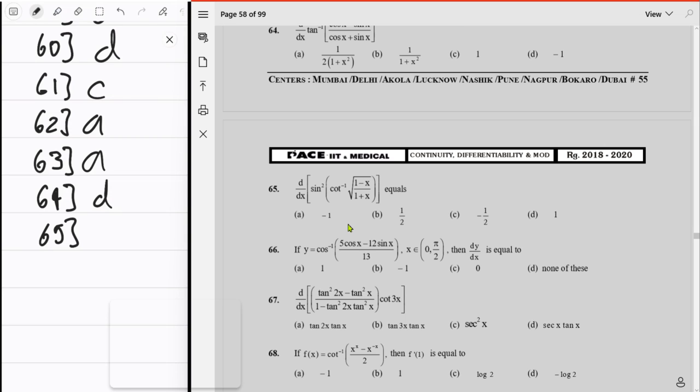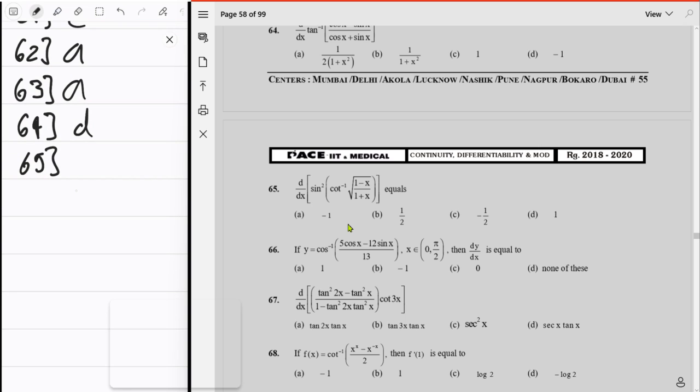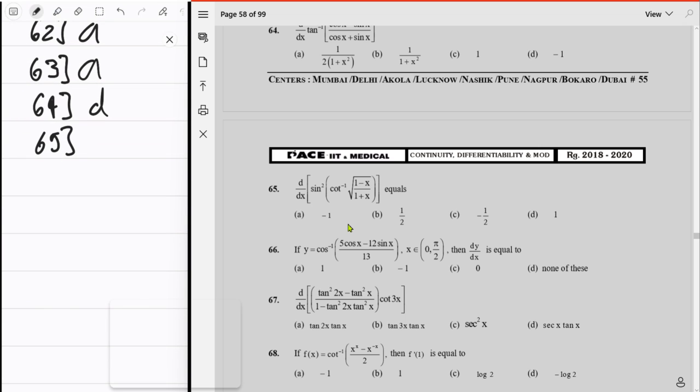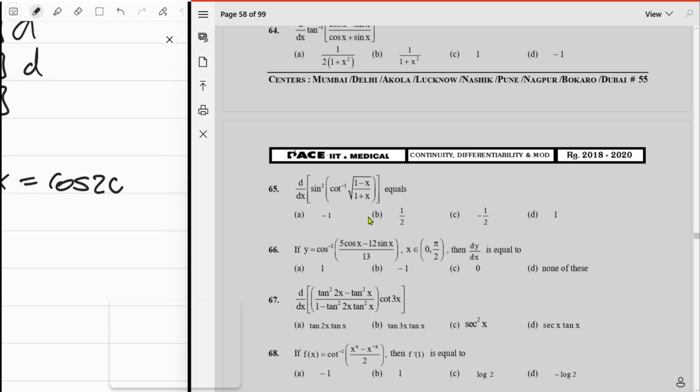Let's put, I don't know, what should I say? Yeah, just put x equal to tan theta. Again, maybe not tan theta, then you got a square root, right? Okay, then let's put x equal to cosine of 2 theta, right?